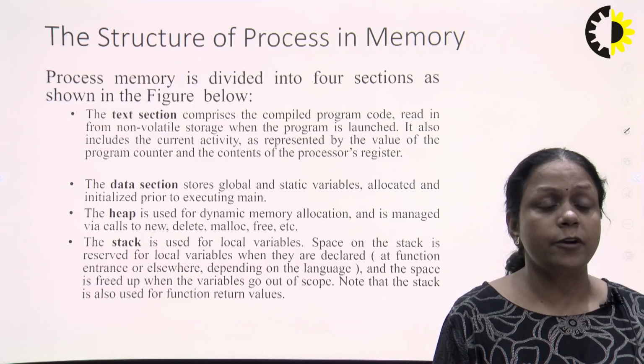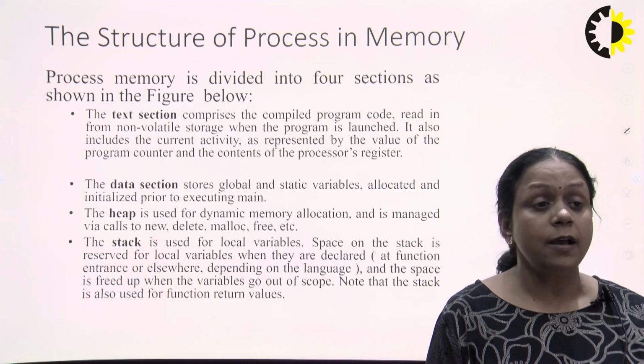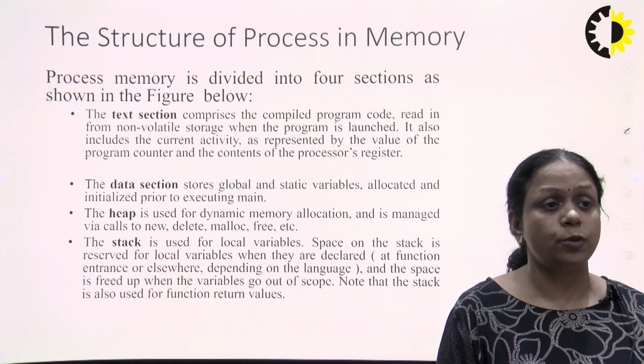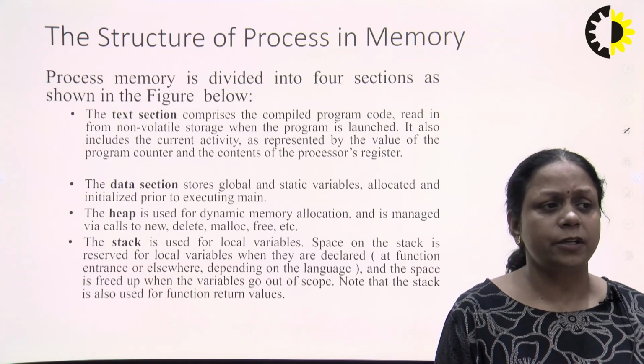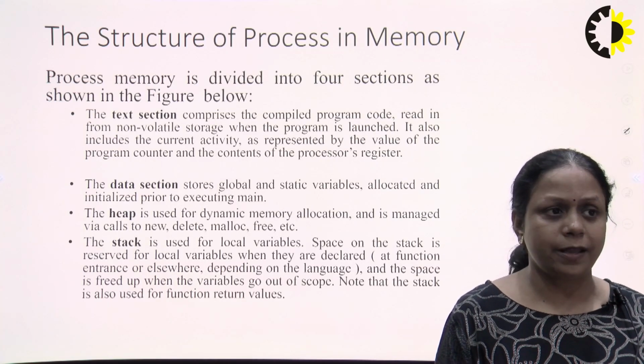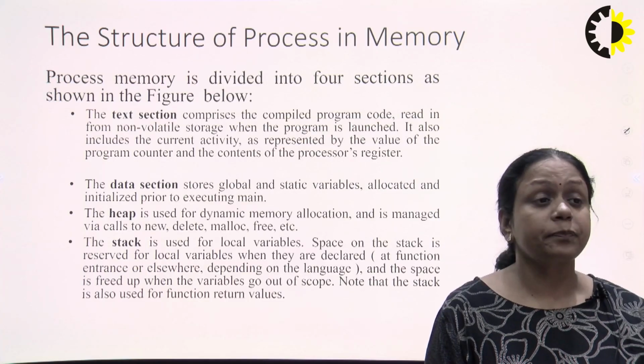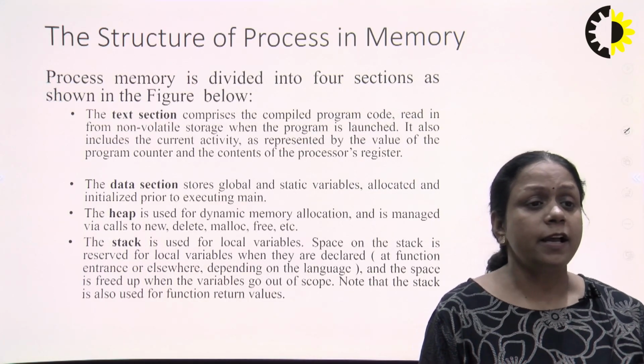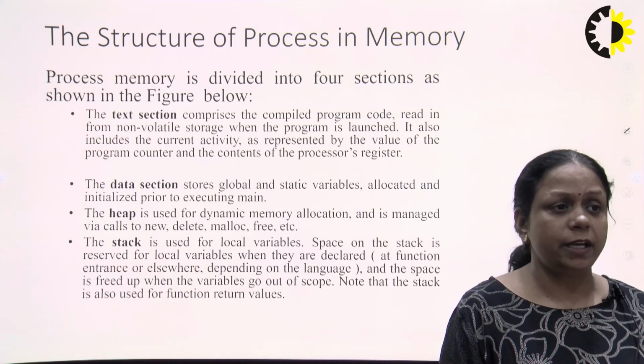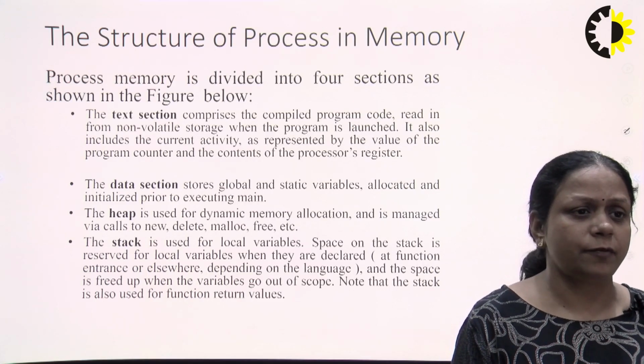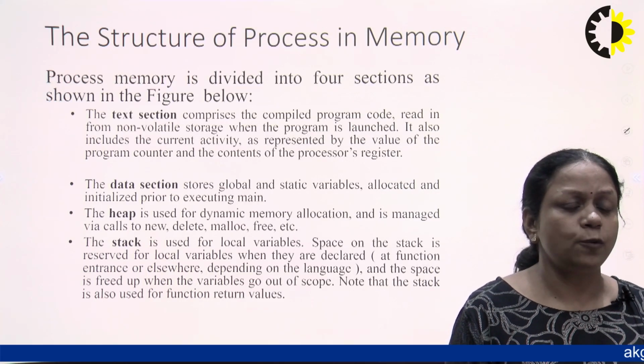When we call a function, what happens? The parameters related to the function and some return addresses are stored in the stack. Then when this function is completely executed, the stack will be empty. So this is the main use of the stack.